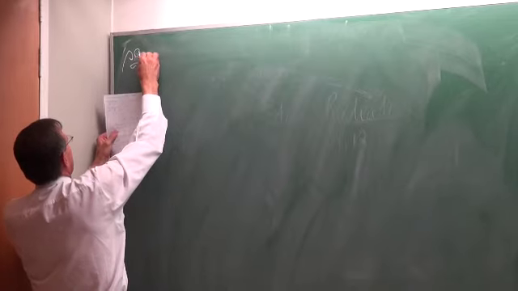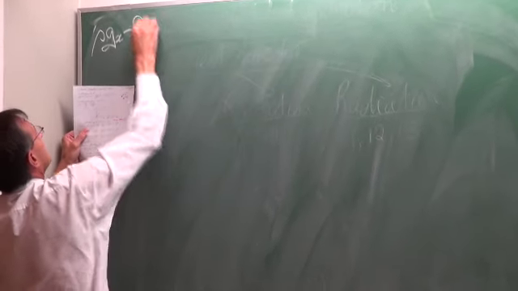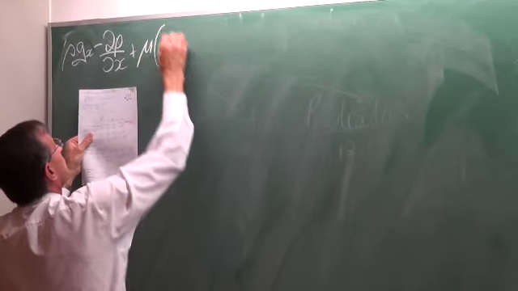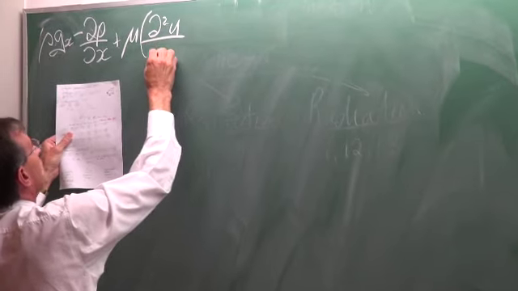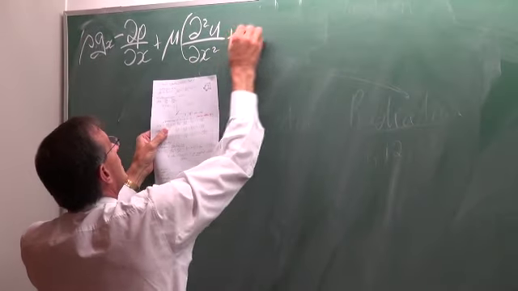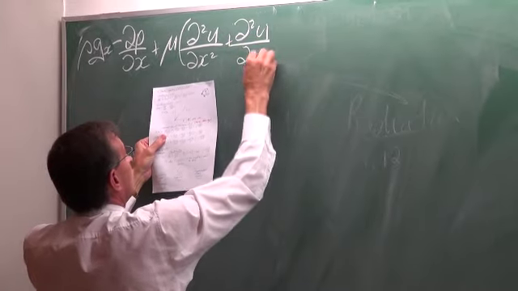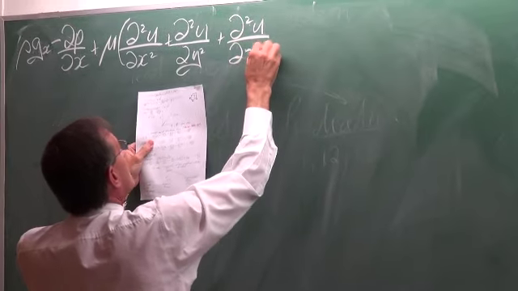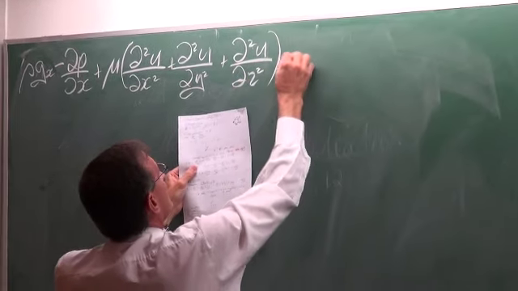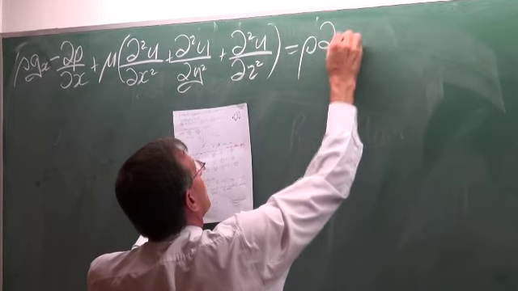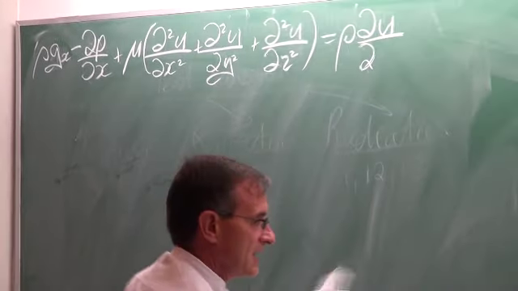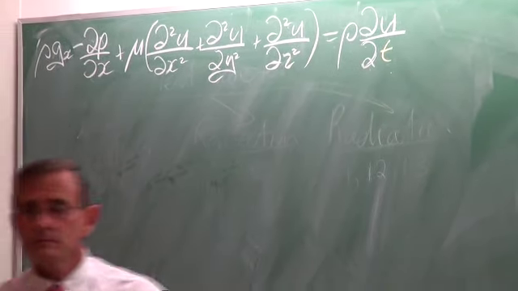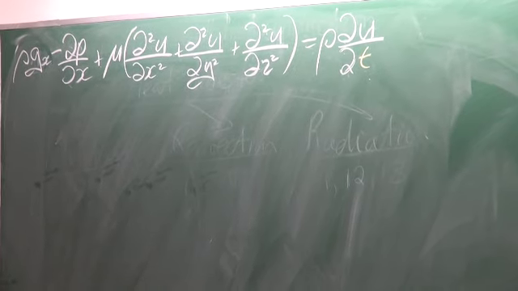Rho multiplied by the gravity in the x direction minus dp dx plus the viscosity multiplied by partial d2u dx squared plus d2u dy squared plus partial d2u dz squared is equal to rho multiplied by partial du dt, and this t is now time. How things change as a function of time.